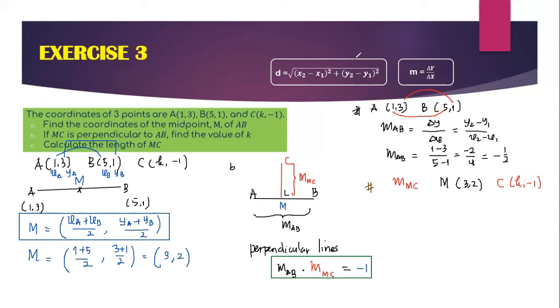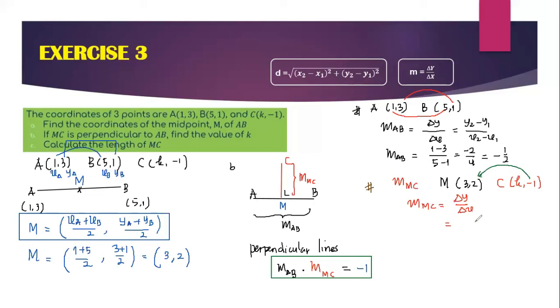The gradient MC equals delta y over delta x, which is y2 minus y1 over x2 minus x1.